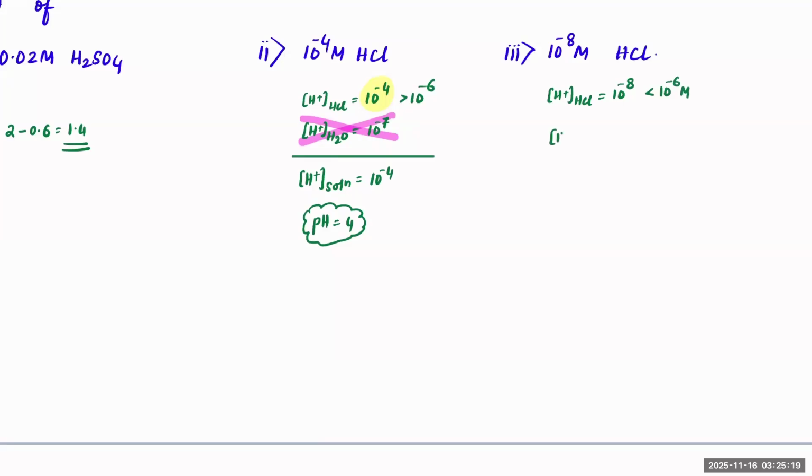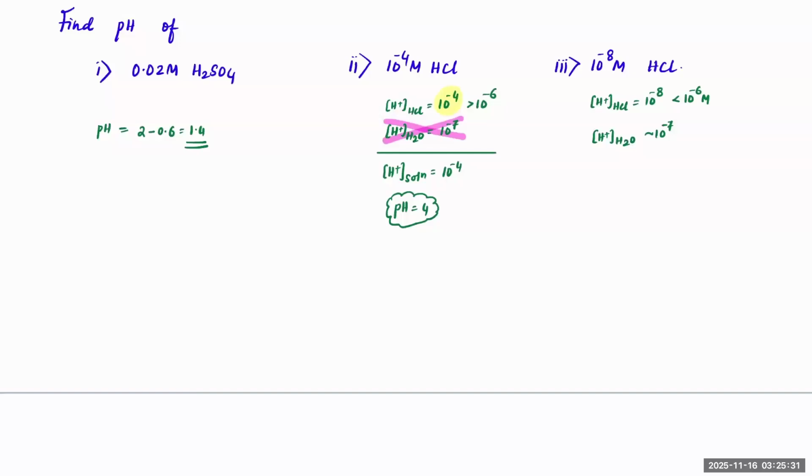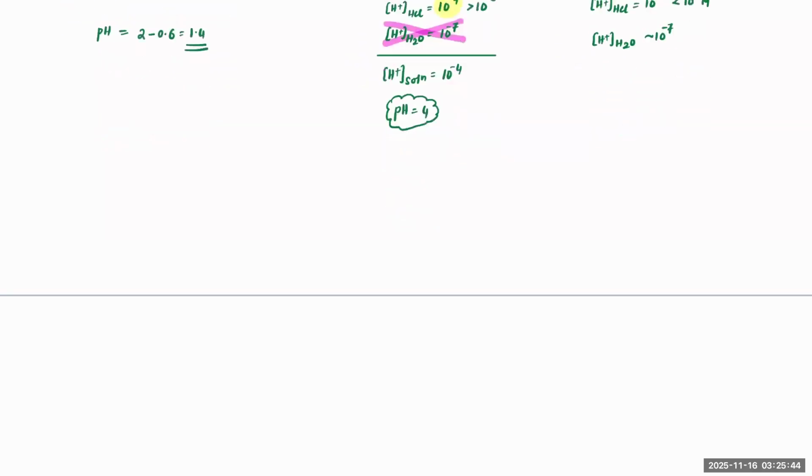And H plus ion coming from water will be somewhere close to 10 raised to power of minus 7. Correct. Now, do we have to simply add this? Well, don't add that directly because water is in equilibrium, and equilibrium is subject to change whenever H plus concentration is added. So now let's see how we solve it.